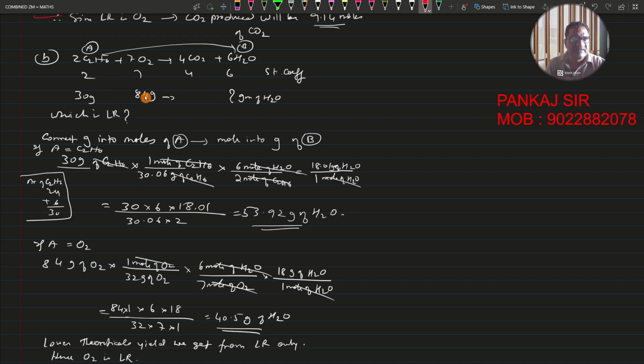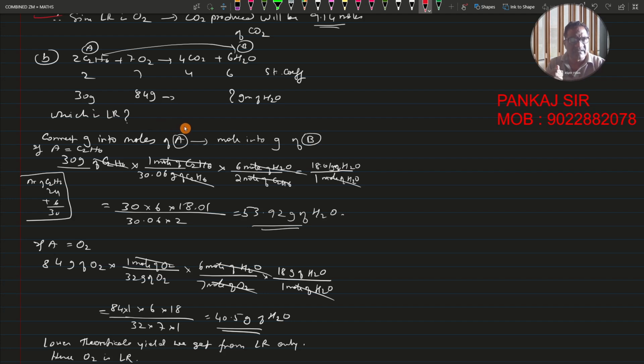But you can see that in the B part, they have given you the reactants in grams. When the reactants are given in grams, and you want to decide the limiting reactant, you have to do a little extra step.